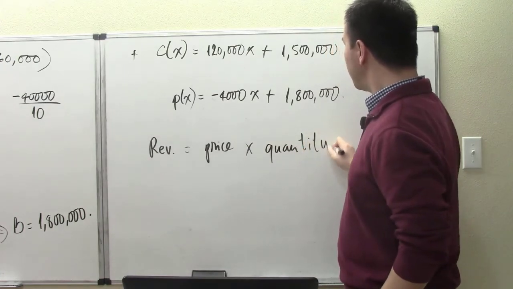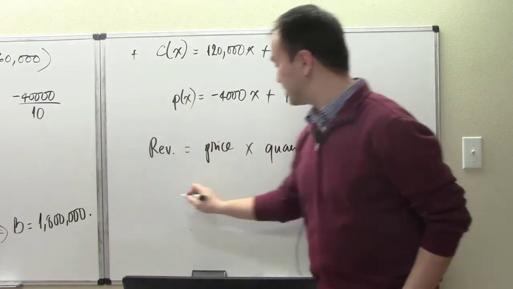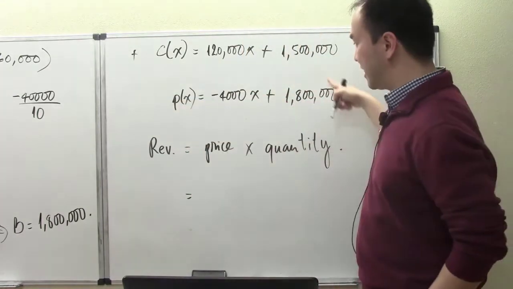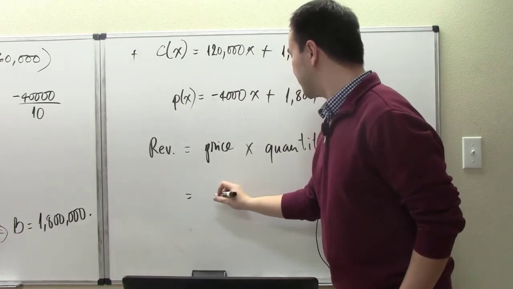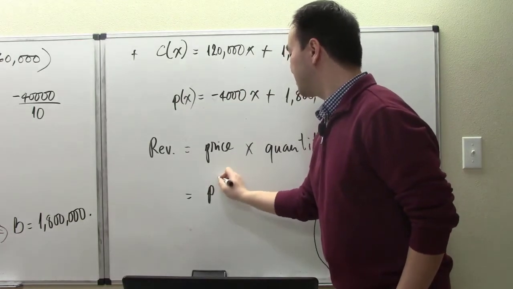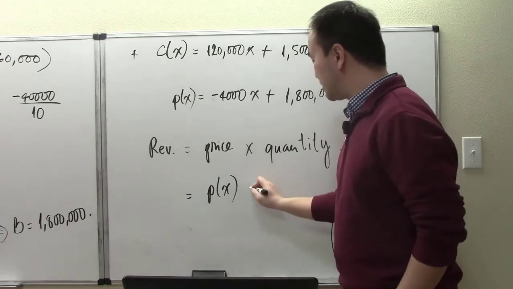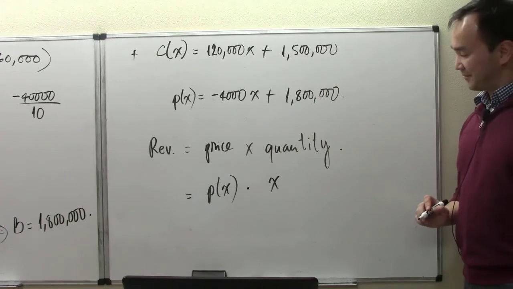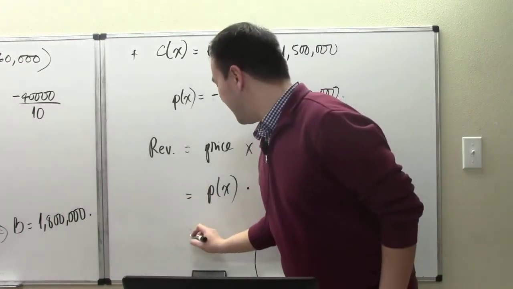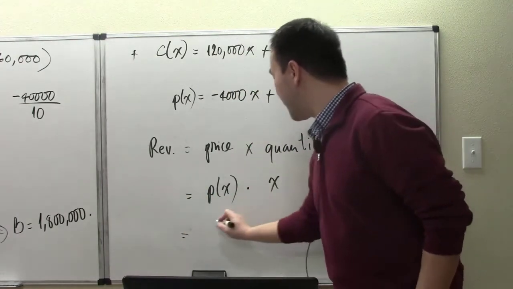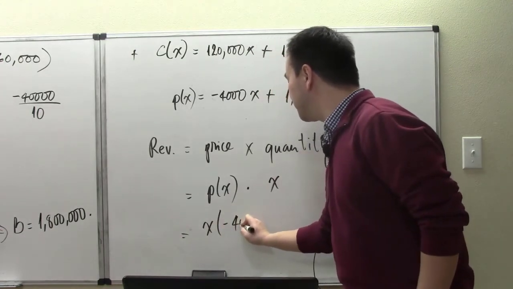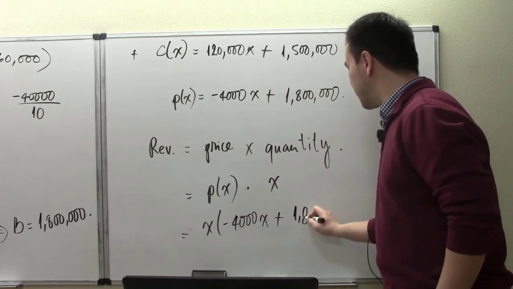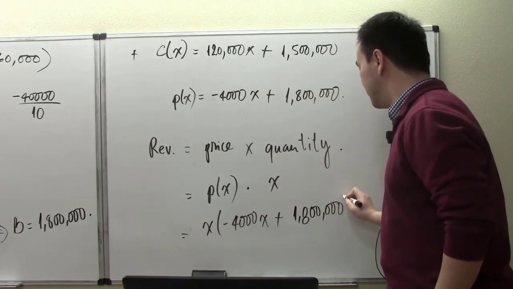Price has already been found as a linear function, p of x, and we multiply that by the quantity x. So we multiply x by minus 4,000 x plus 1.8 million.